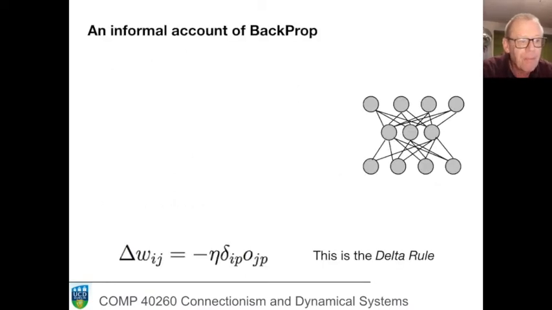Now I'm going to give just an informal account of backpropagation that is continuous with everything we've just seen. So there's only a very, very small addition to what we've already learned to make this algorithm work. Specifically, the core of this algorithm is a procedure for changing weights, and the generalized equation for weight change is given down there.